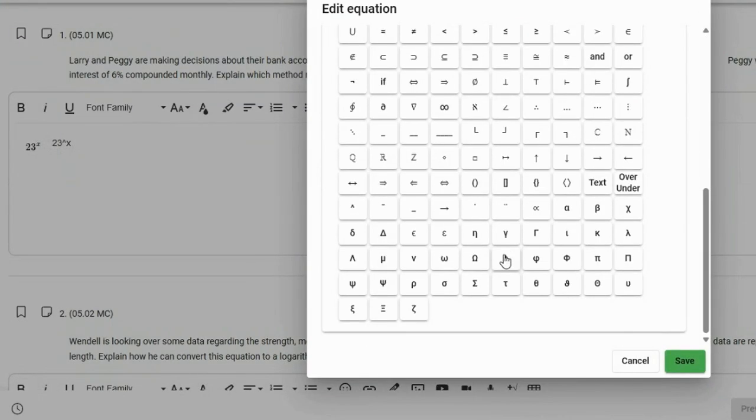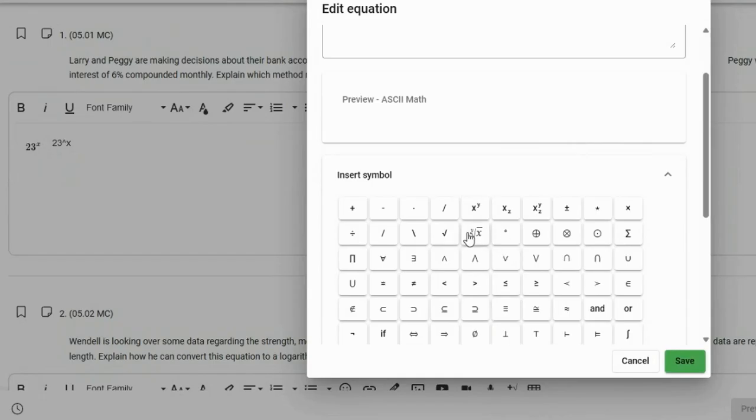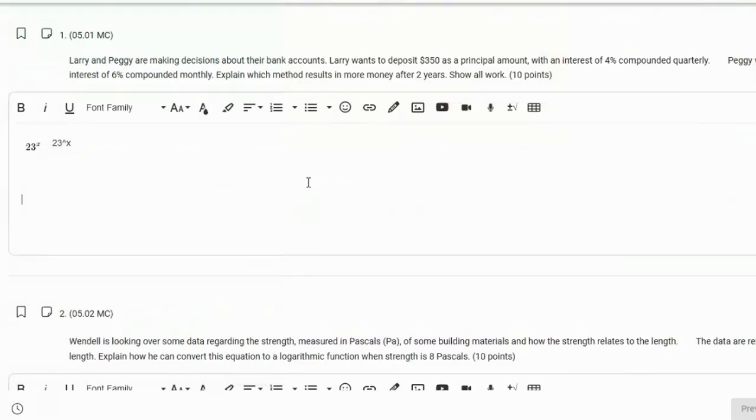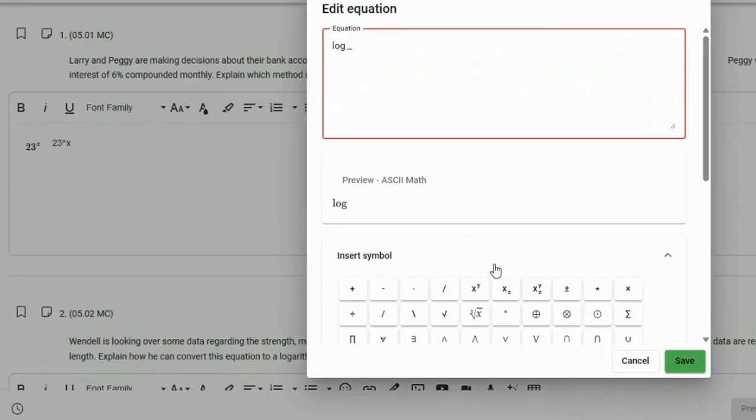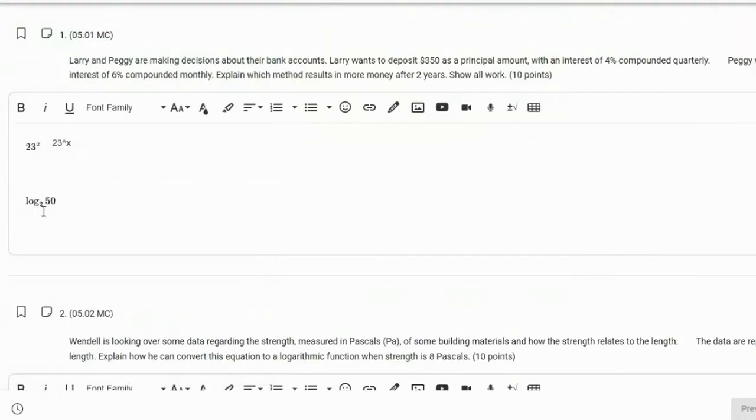You can type logarithms and do the little subscript thing. So if I'm saying log, and I want base 2, that's a subscript 2 of 50. Log base 2 of 50. Look at that, it actually has the little base 2.